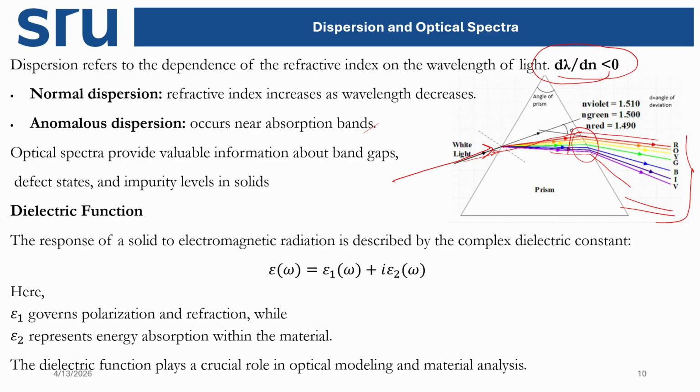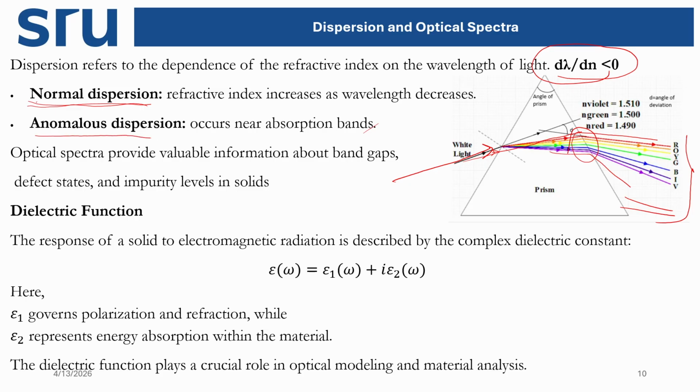So the bending of light is inversely proportional to the wavelength: the higher the wavelength, the lesser the bending; the lower the wavelength, the more the bending. This process we call normal dispersion.